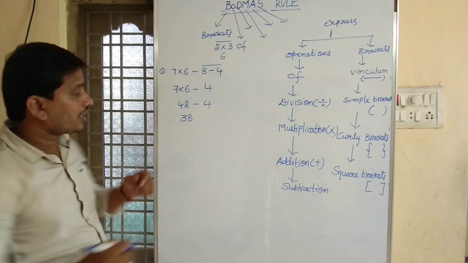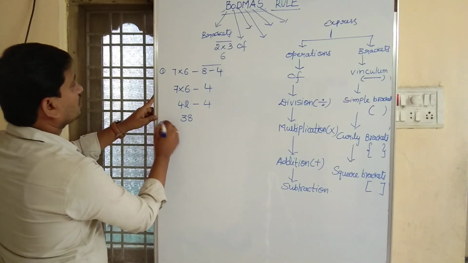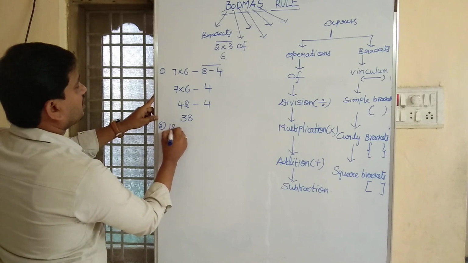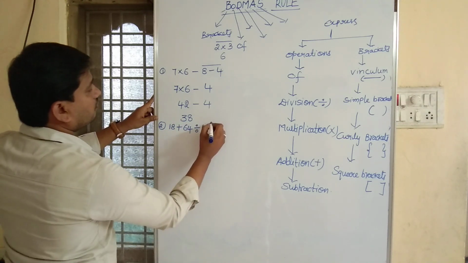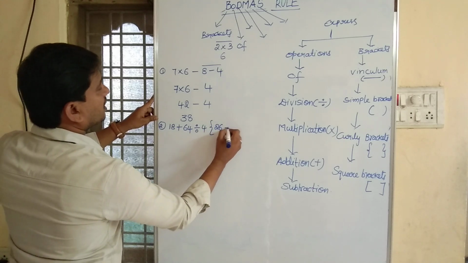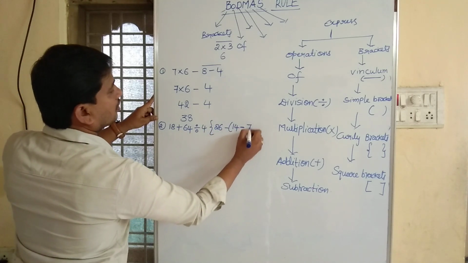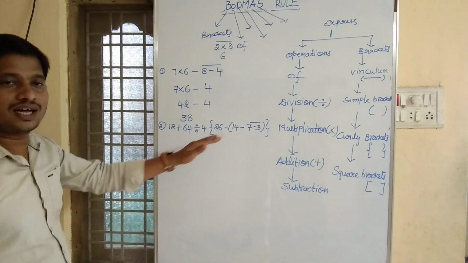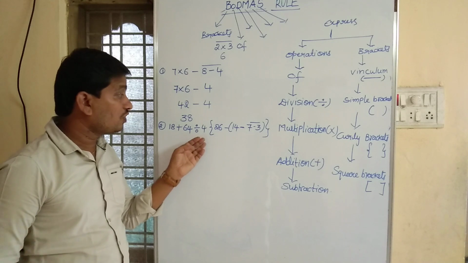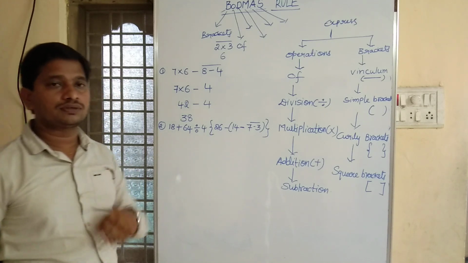So let us solve one more expression. For example, 18 plus 64 divided by 4 into 26 minus 14 minus 7 minus 3, children. This is an arithmetic expression which involves brackets and operations.